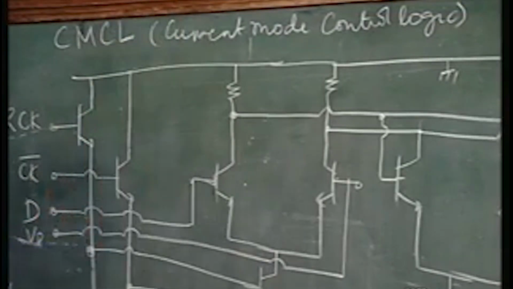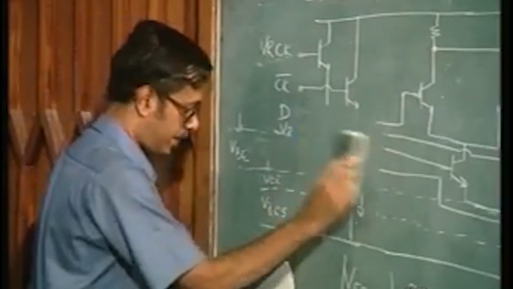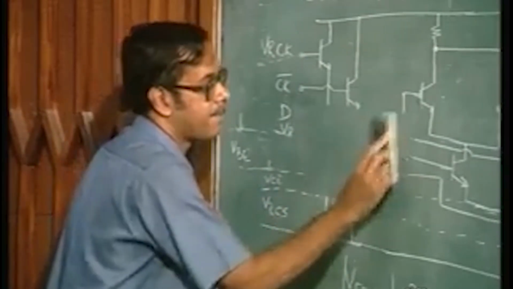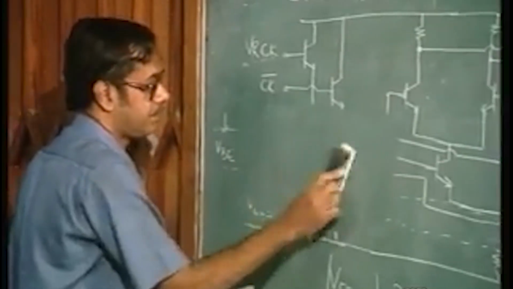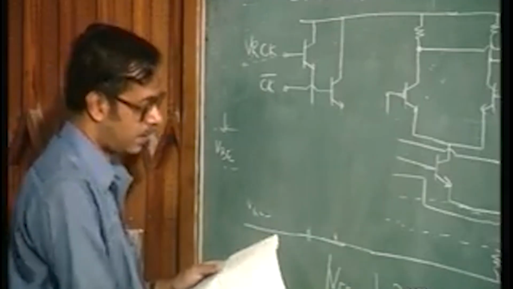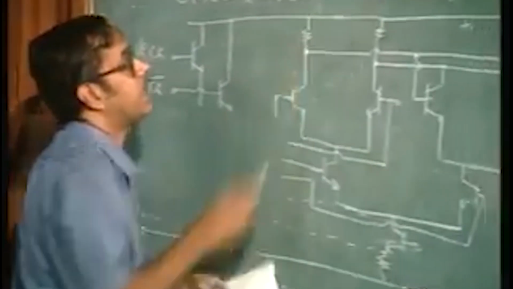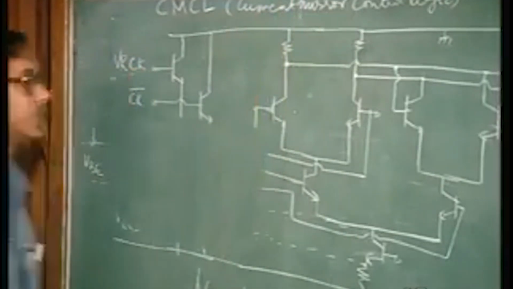Now we shall see what the modifications are here. In this circuit it looks slightly different. What we have here is a current, sorry, I made a mistake, this is current mirror control logic.